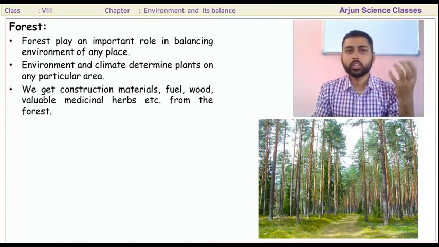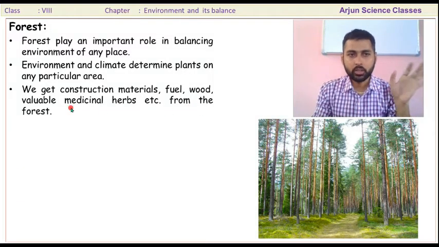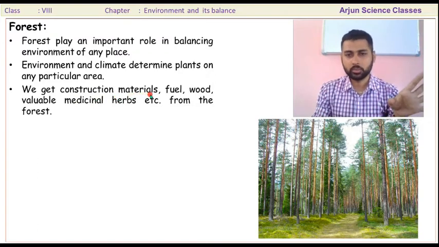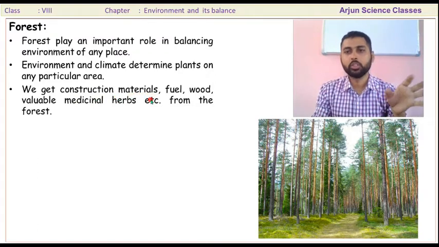And we know we get construction materials, fuel, wood, valuable medicinal herbs, etc. from the forest. Regarding medicinal herbs, we have already discussed, and construction materials, I have told you timber.